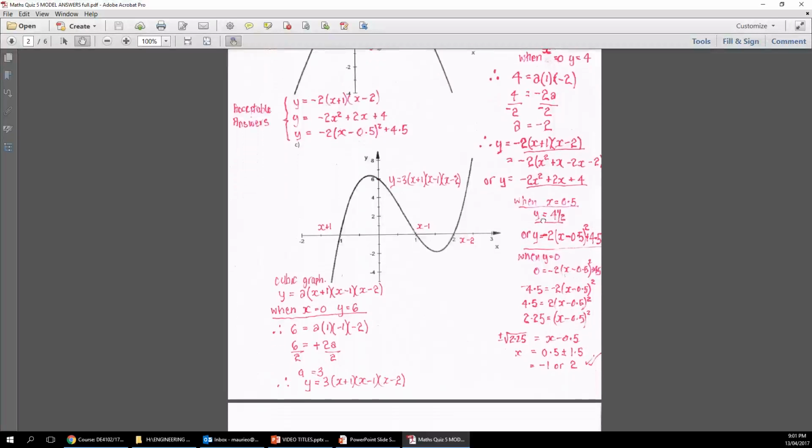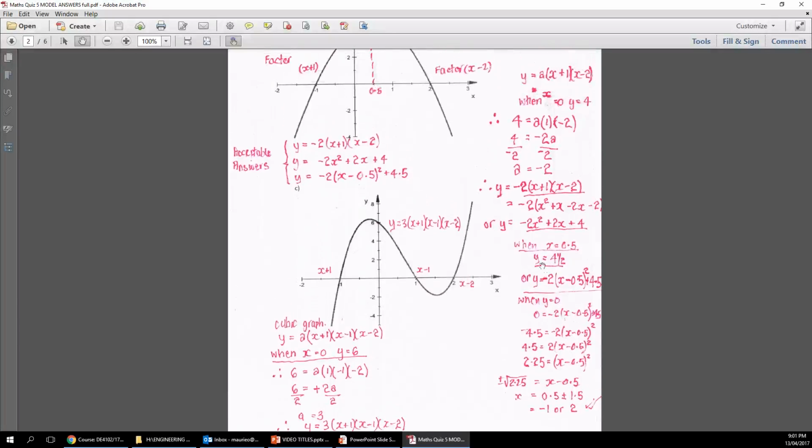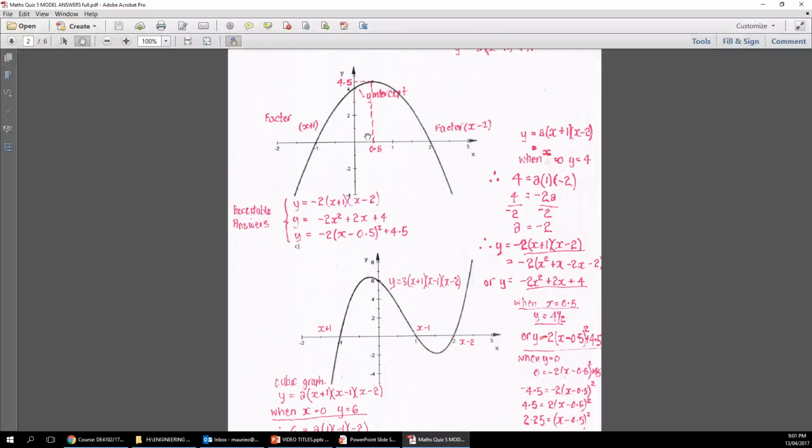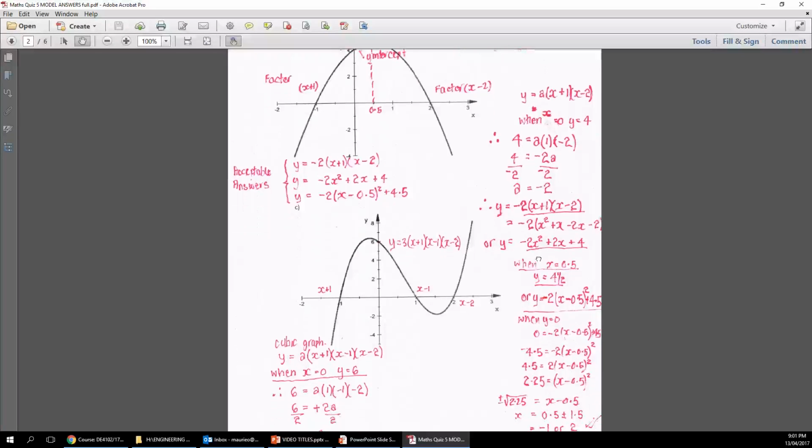Now, to get it into the vertex form, we know that the vertex is always going to be midway between these two roots, and midway between -1 and 2 is 0.5.